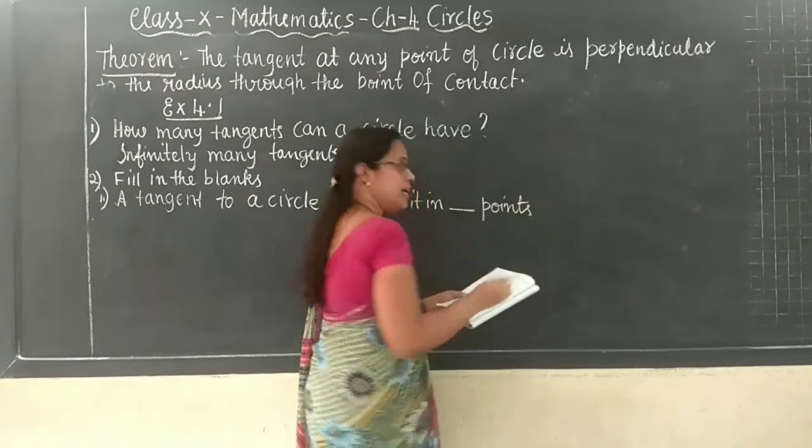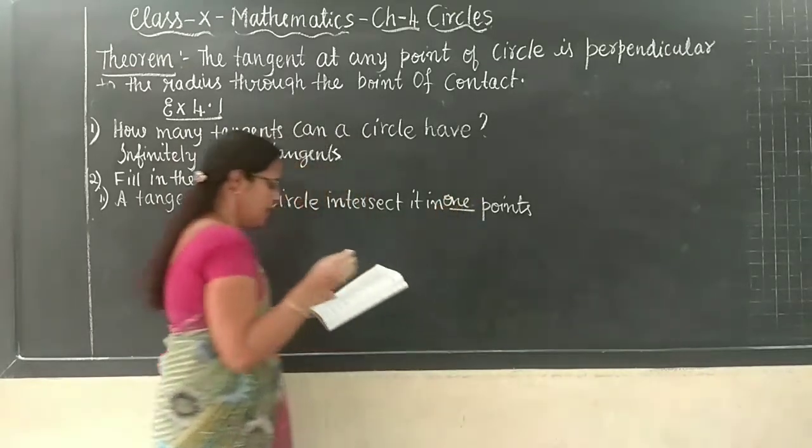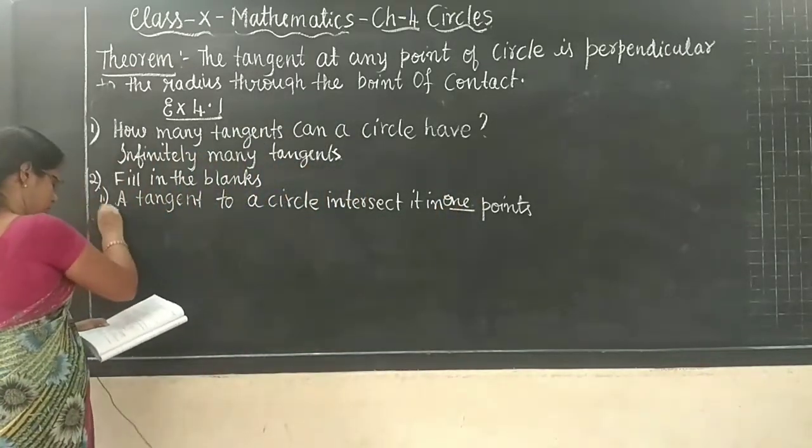How many points? A tangent touches the circle at how many points? One point. Yes, children, you are right.